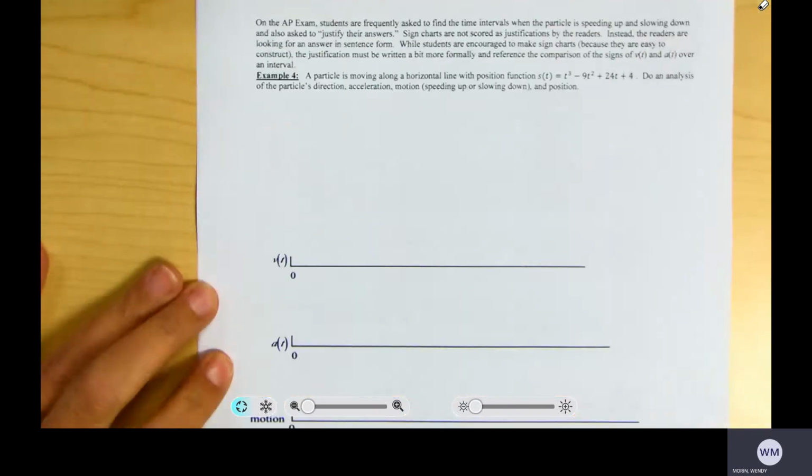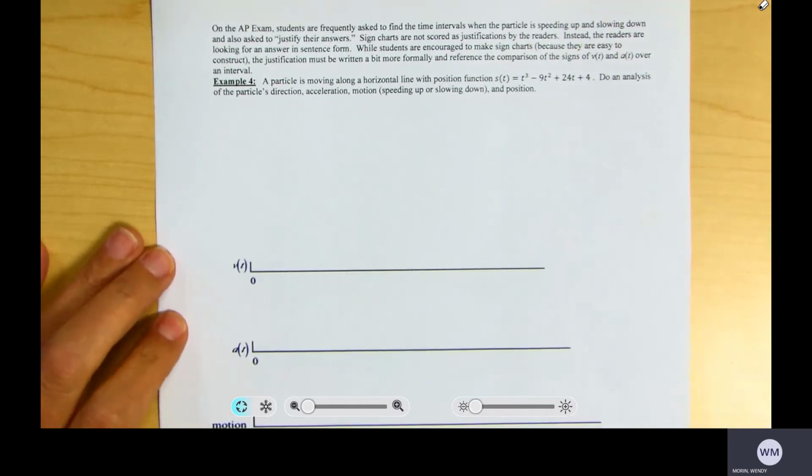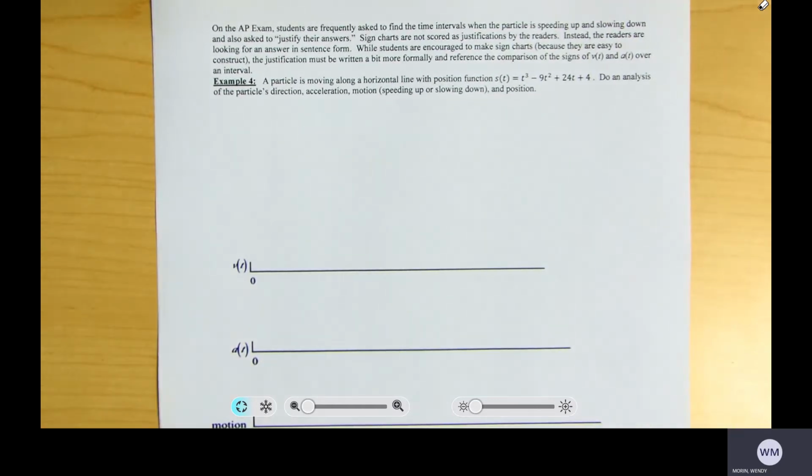Example number 4. Students are frequently asked to find the time intervals when the particle is speeding up and slowing down, and also asked to justify their answers. Sign charts are not scored as justifications by the readers. Instead, the readers are looking for an answer in sentence form.